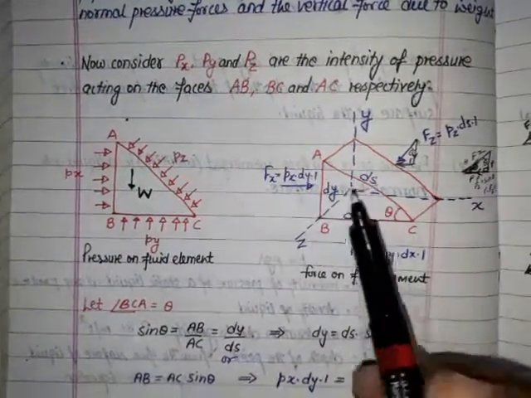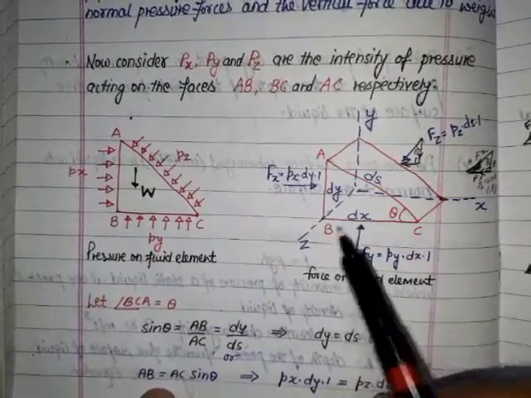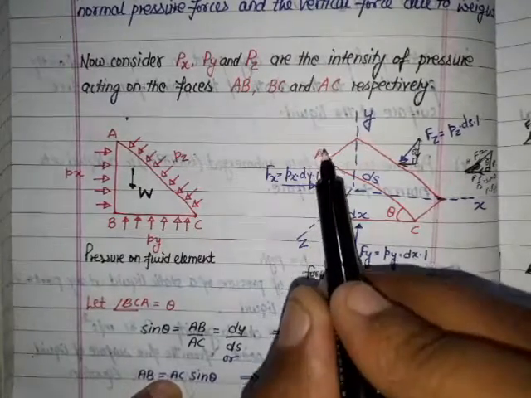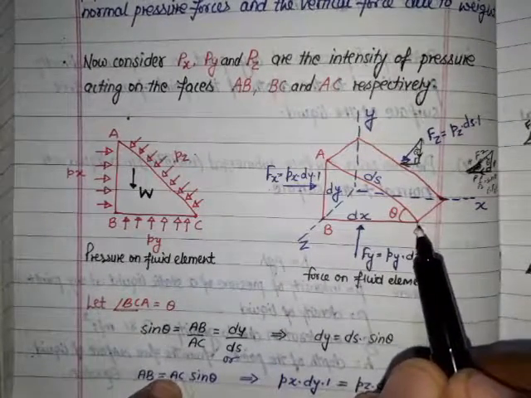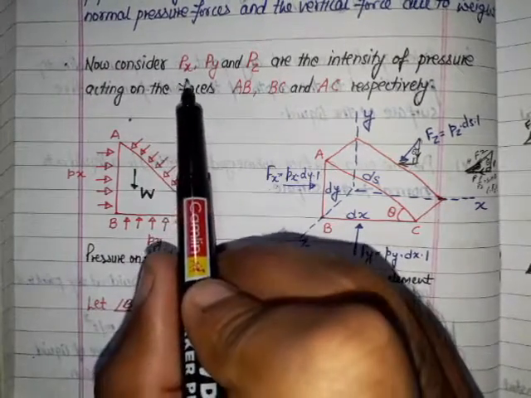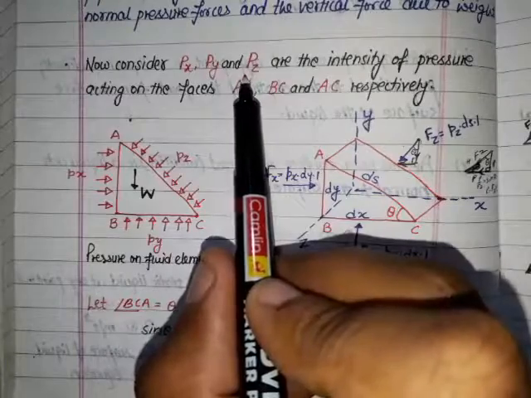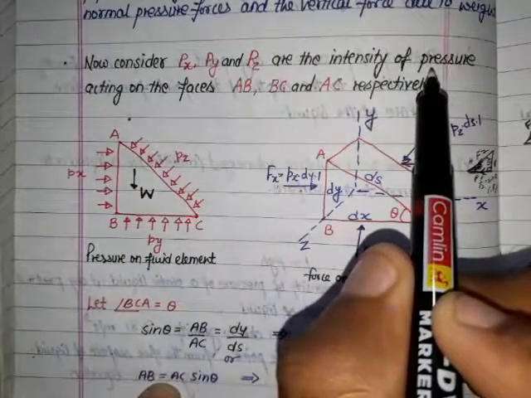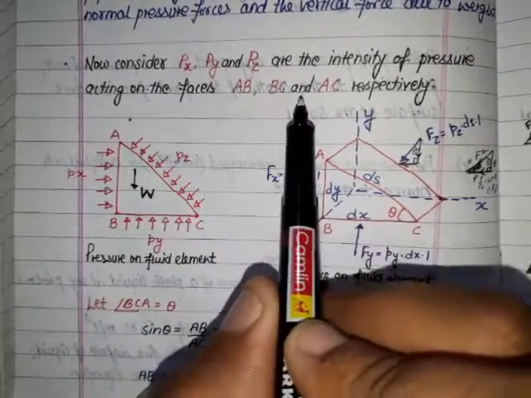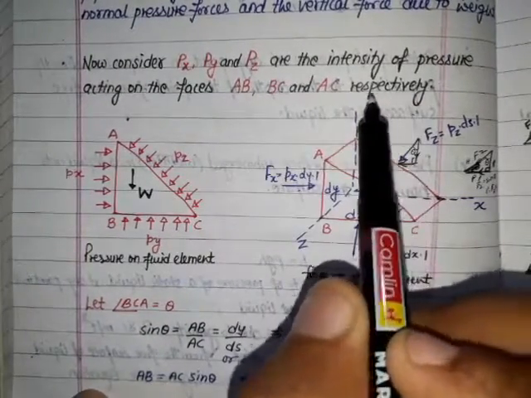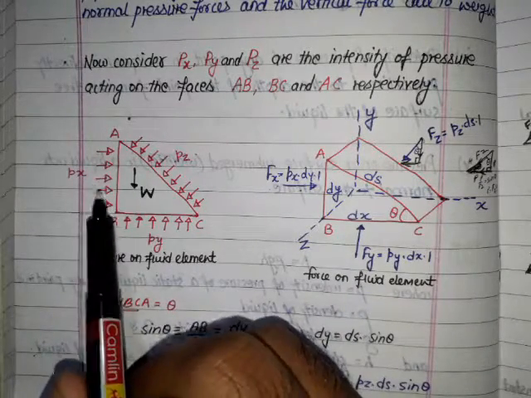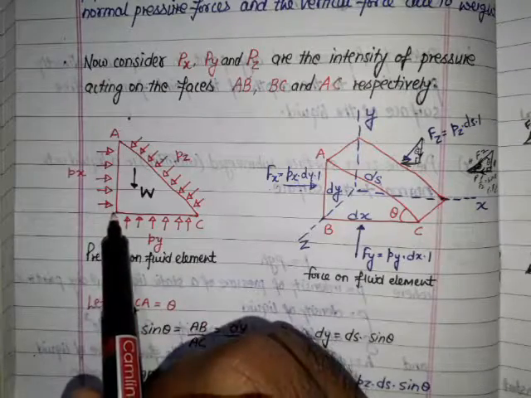So here this is the small wedge shaped fluid element, and it is dx, dy and ds. Now consider Px, Py and Pz are the intensities of pressure acting on the faces AB, BC and AC respectively. So this is Px, the normal pressure force acting on the face AB.